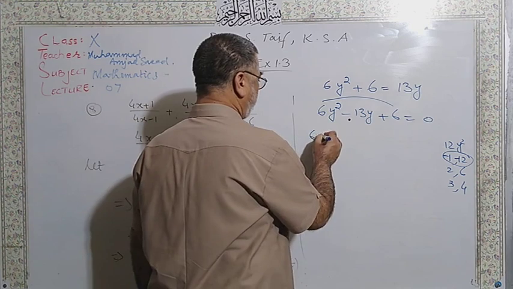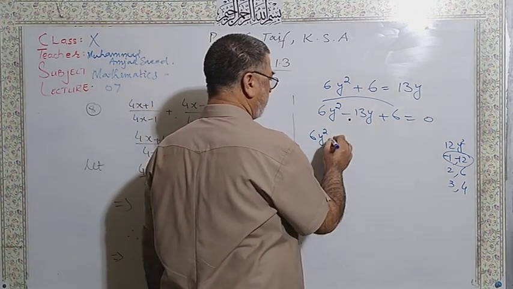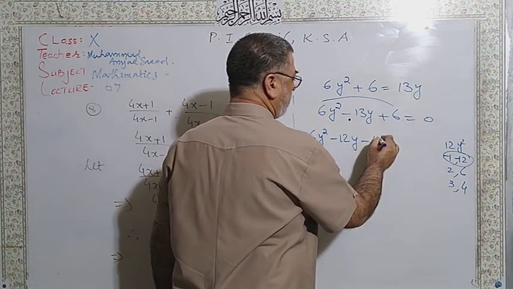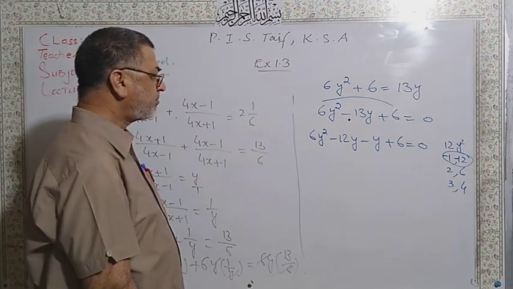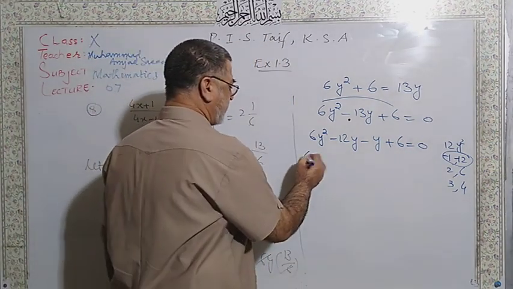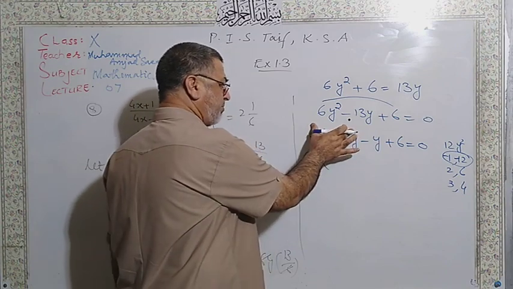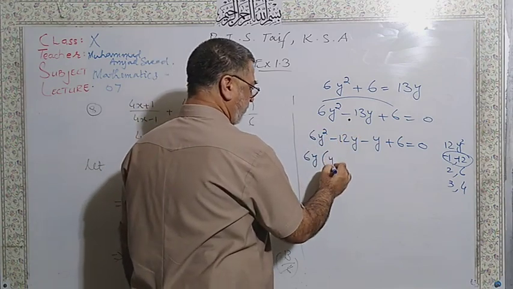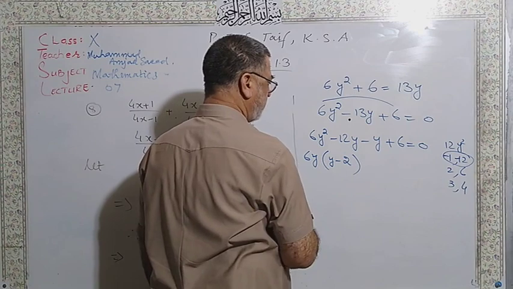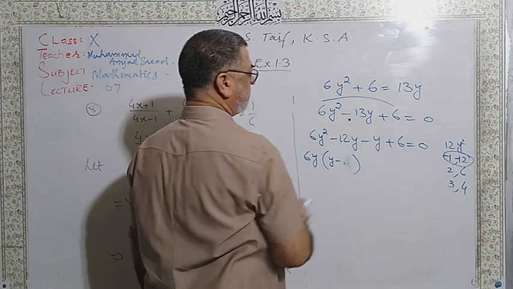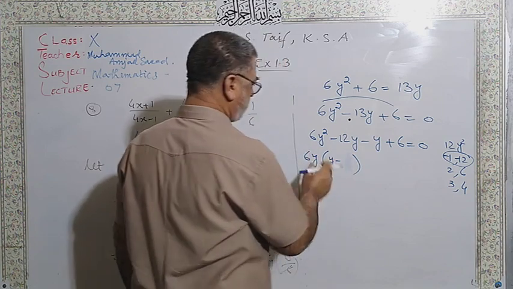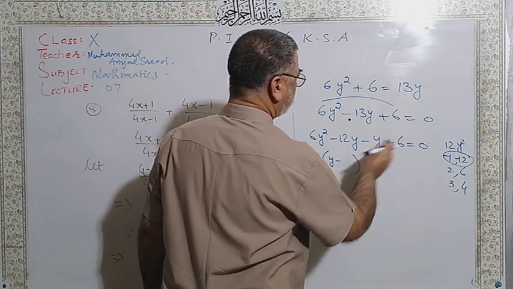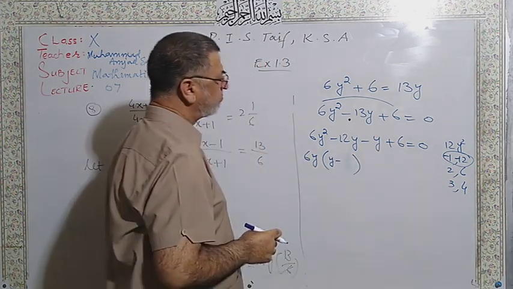Now you can have 6y square minus 12y minus 1y plus 6 is equal to 0. Now you can take 6y common from the first two terms. Y minus 2, y minus, so y minus 2, what is this?